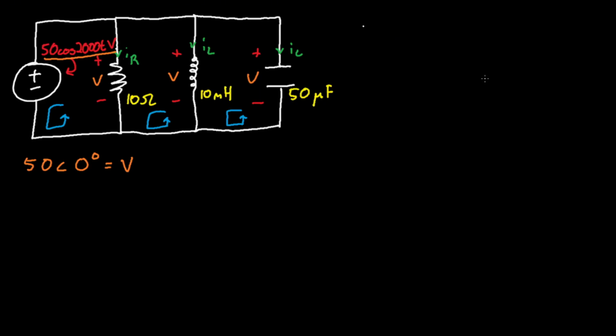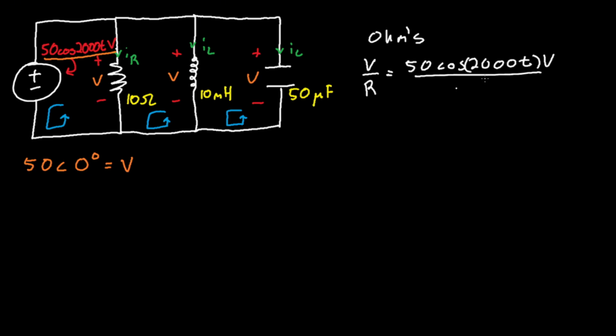So let's write the Ohm's law up here. If I were to use Ohm's law, how do you do that? Well, Ohm's law is voltage divided by resistance is equal to current, right? And we're trying to solve for all the currents at all of these guys. Let's go ahead and use Ohm's law first for this resistor because that's going to be the easiest. So 50 cosine of 2000t volts over the resistance.